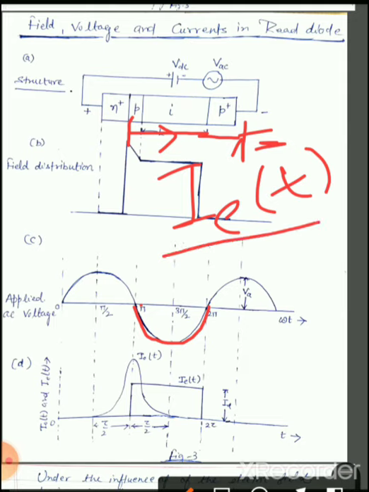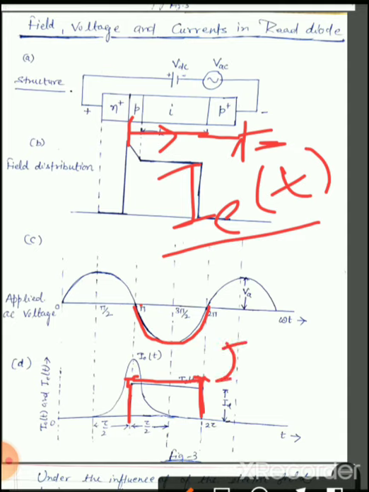This current is shown here in the figure. This is the current I_E(t), which is due to the injection of the holes into the space charge region towards the negative terminal, flowing in the external circuit.